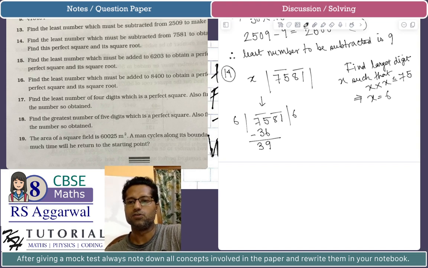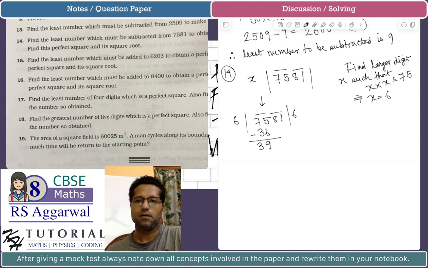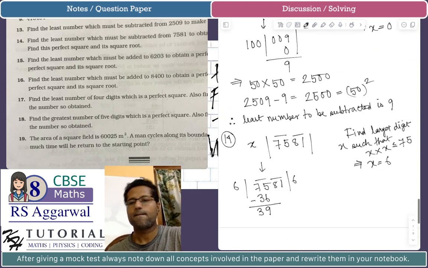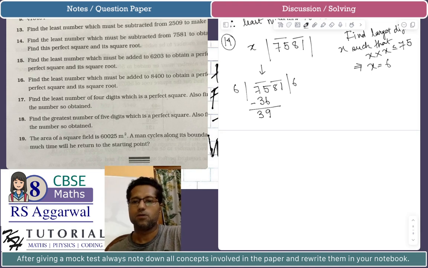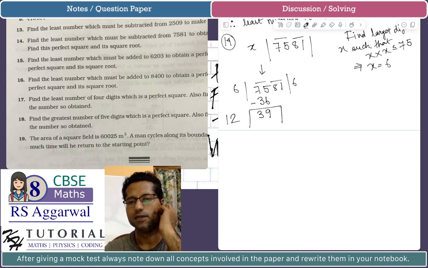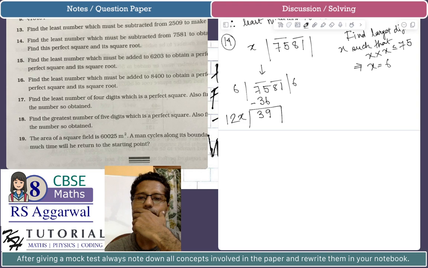I don't think we should bring down the next period at this stage, because the remainder is 39 and the quotient is 6. So the next dividend will be 39 itself, the remainder. We should not bring down the next period as of now, and the next partial divisor will be 6 multiplied by 2, that is 12, and definitely this digit has to be 0.